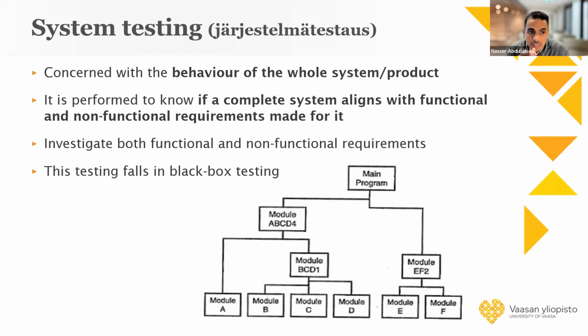In system testing, we should have a complete system, and then we test all the software, all the applications. The main point in system testing is to evaluate the complete and fully integrated system.